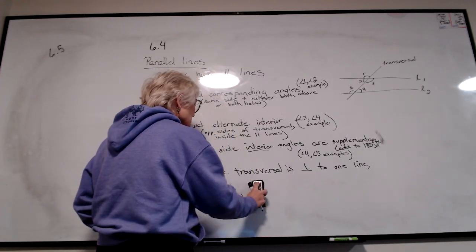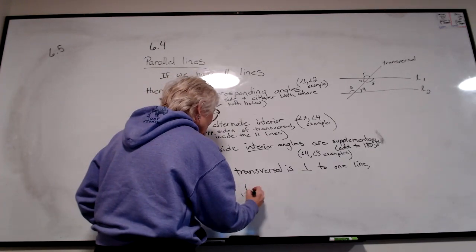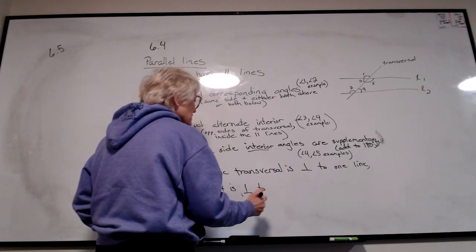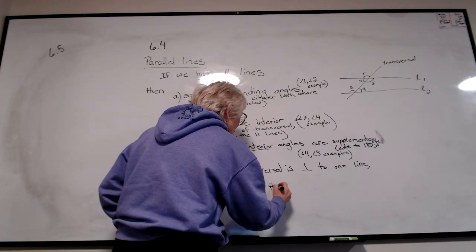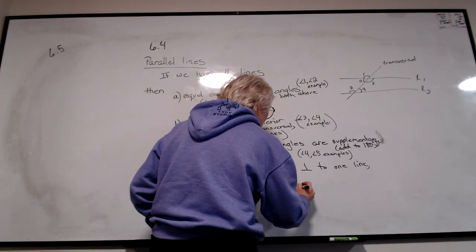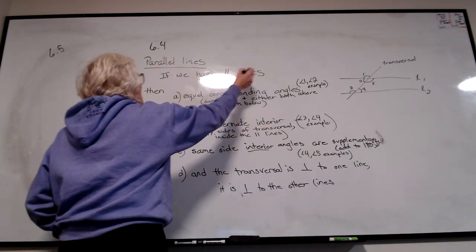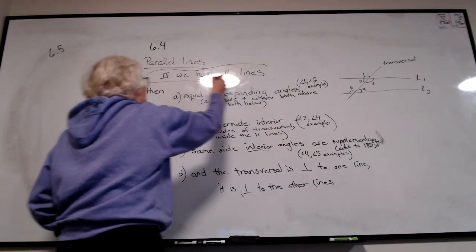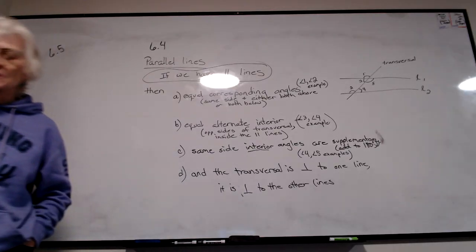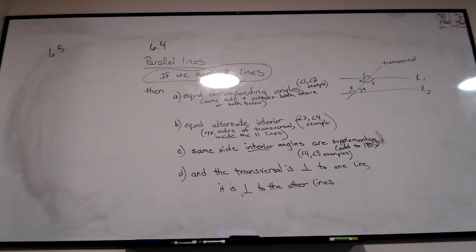Perpendicular, I can't spell, so I'm going to draw the symbol. To the other line. So this is if lines are parallel. All of these have this condition at the beginning: if the lines are parallel. The lines have to be parallel for all those things to be true.